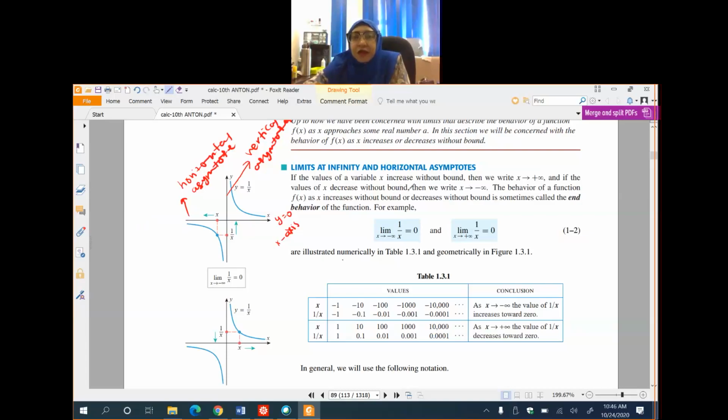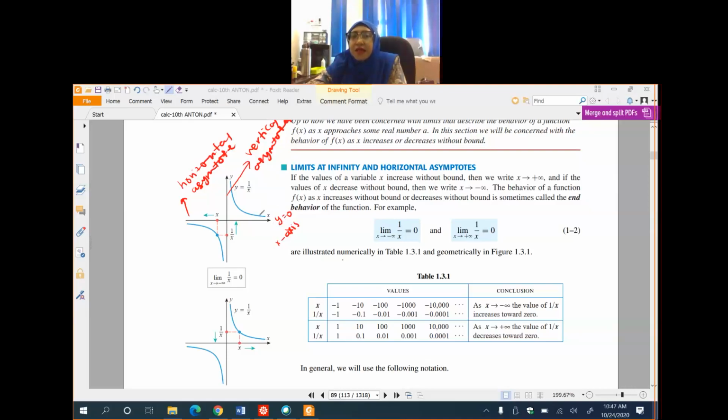For the function 1 over x, if you note here, the graph is getting closer to 0. So that's why here we have 0. This indicates that y equal to 0 is the horizontal asymptote. And then we also have the limit of 1 over x as x tends to plus infinity, for the right hand side here.